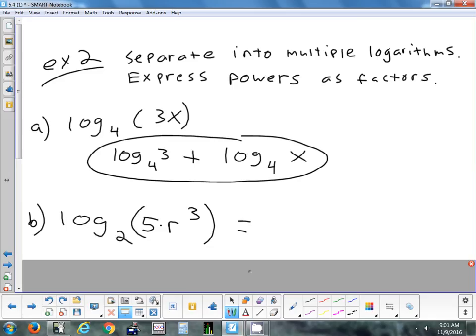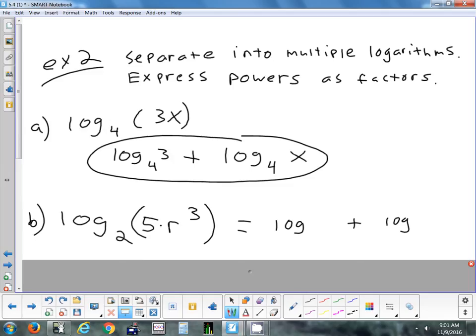Okay, let's look at example B. Log base 2 of 5 times r cubed. Okay, Pacey, how is this one going to split? As a sum or difference? As a sum. Yep. What's going to be the base on each log? 5 and r. Part of what you said is going to be my argument, but what about my base?